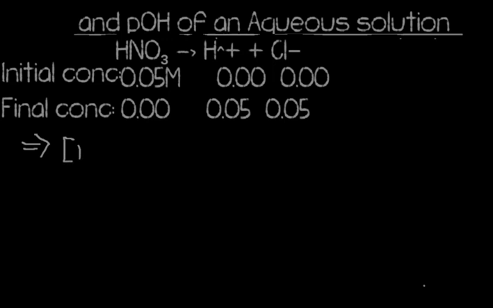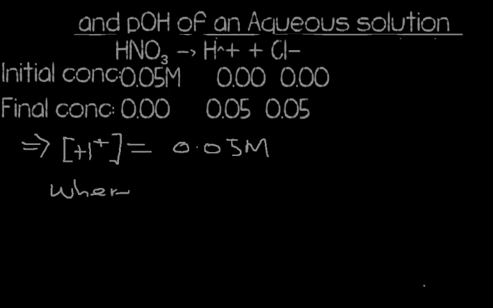So you know that the hydrogen ion concentration from what you have written there at the final stage was 0.05 molar. Another name for molar can be mole per dm³, but we prefer to use molar.